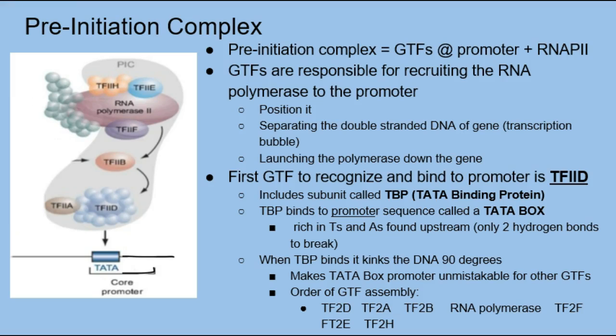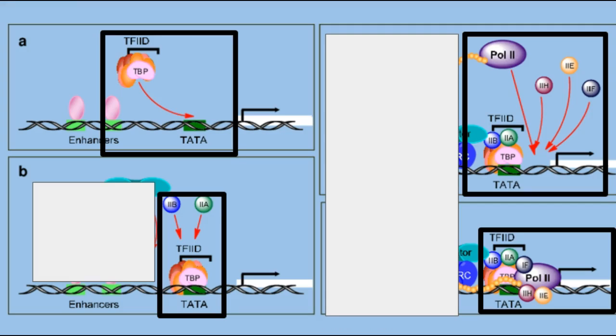The order of GTF assembly is transcription factor 2D, transcription factor 2A, B, RNA polymerase, transcription factor F, transcription factor 2E, and H. Next is a picture that shows this. It can be kind of confusing, so mainly focus on the black boxes that are highlighted.